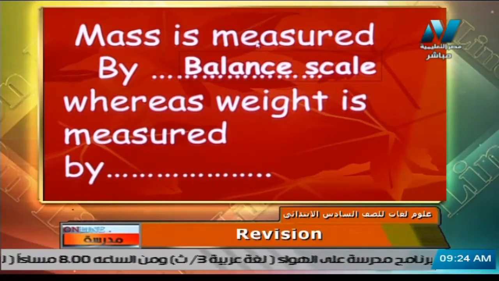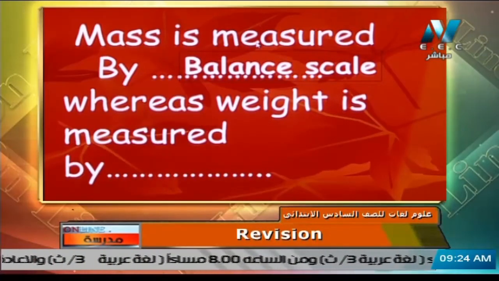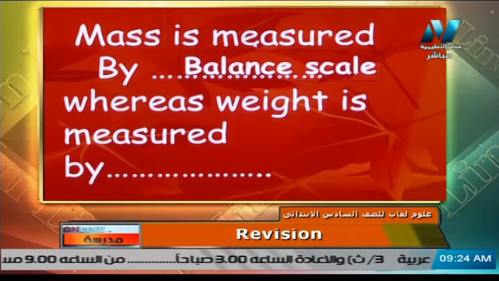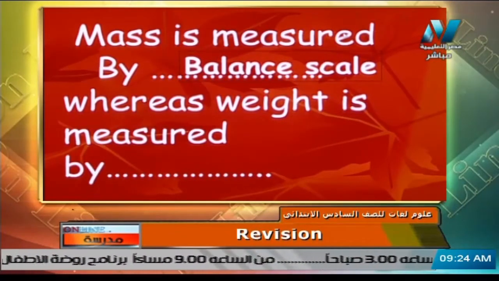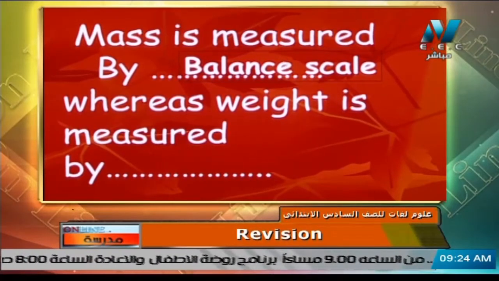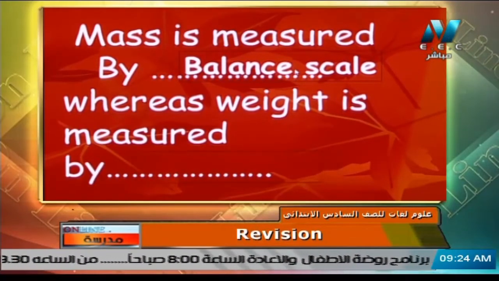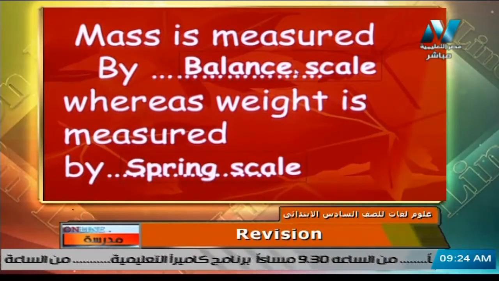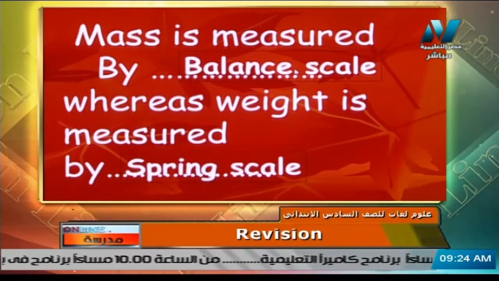Mass is measured by balance scale or two-arm scale or any scale that you have studied. We studied four examples of scales that are used for measuring mass. For weight, there was only one scale, called the spring scale. Spring scale is the scale which is used for measuring the weight.